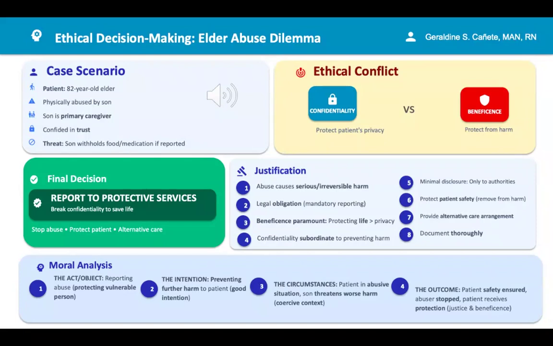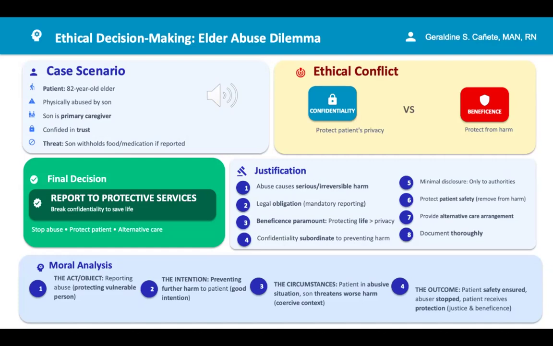Now for the outcome, patient safety is ensured. The abuser is stopped. The patient receives protection. That's basically justice and beneficence. The outcome is that the patient is removed from the abusive situation. The abuser is stopped and the patient receives the care and the support that they need.